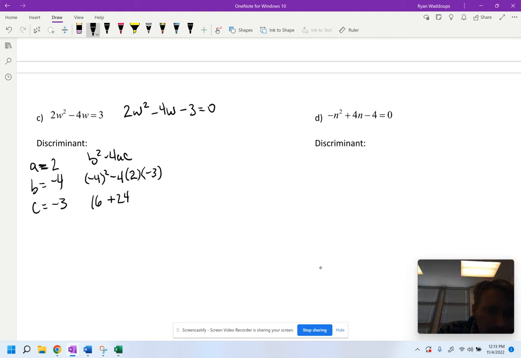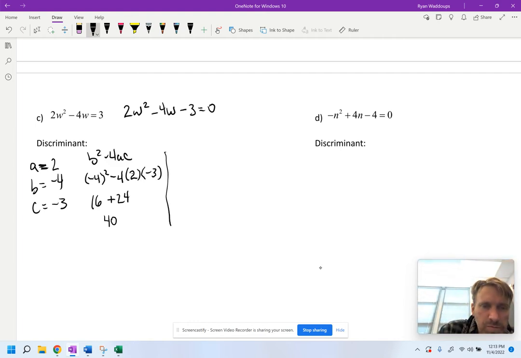And that would be 40. And so our quadratic formula is x equals negative b plus or minus the square root of b squared minus 4ac all over 2a.